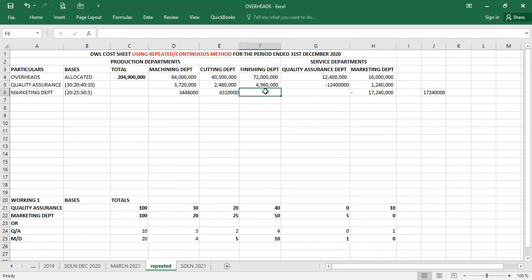It is equal sign this, divide by the total, and we multiply by those units. Even for this one, it will be equal sign this, divide by the total, and we multiply by this.